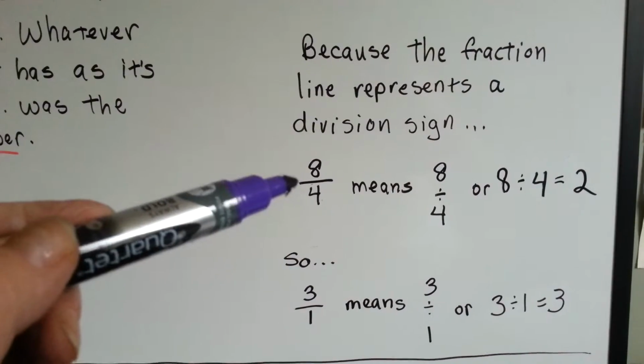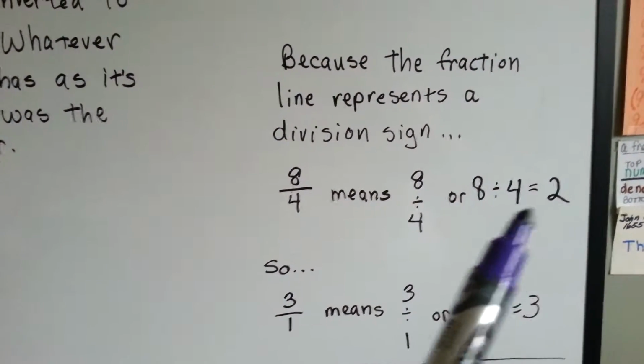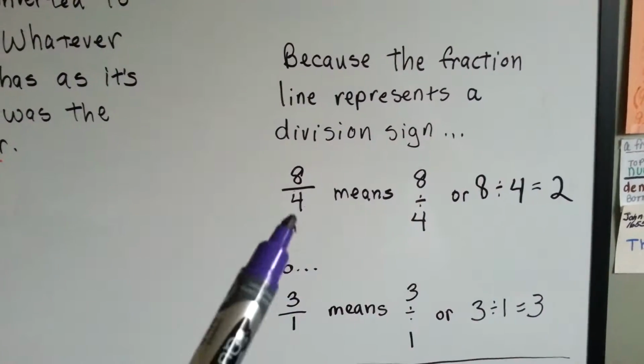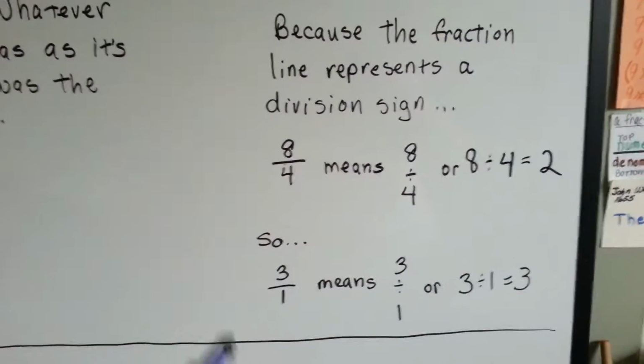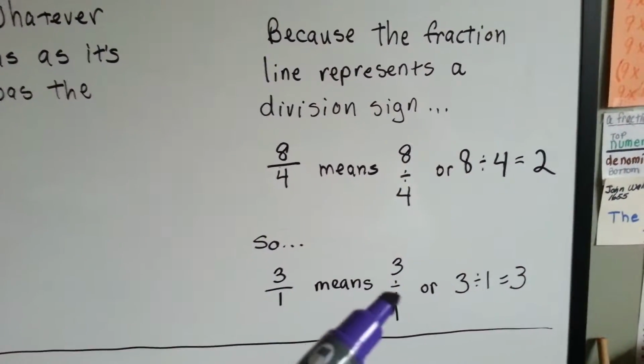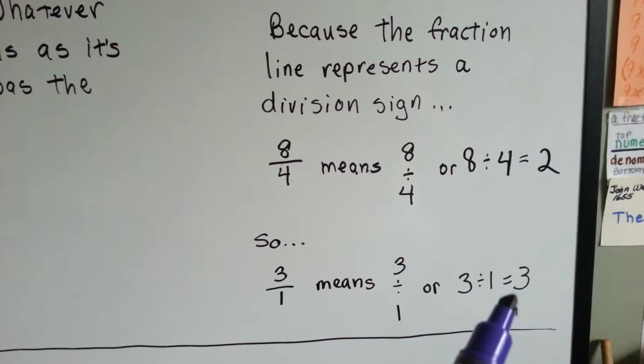Think of that fraction line as a division sign, or 8 divided by 4 written as a sentence equation, which is equal to 2. So 8/4 is another way of saying 2. Same with 3/1, which means 3 divided by 1, or written as a sentence equation, 3 divided by 1, which equals 3.